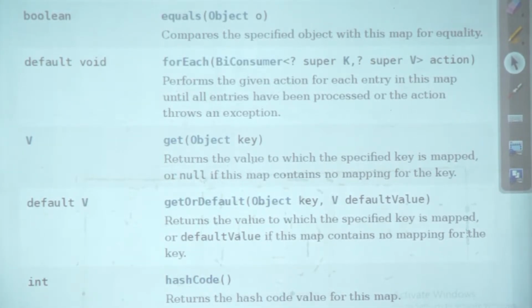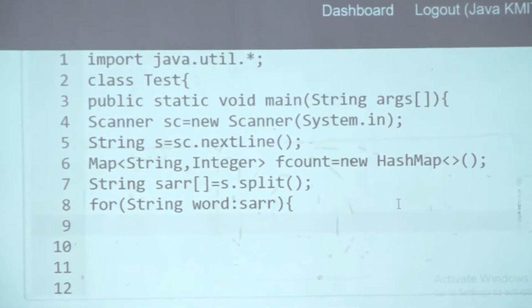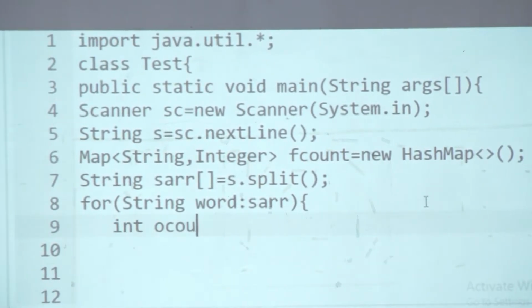So for each word, now I'm going to get the original count. So say int oCount is equal to, I'm getting the old count of this word, because this word has occurred again.